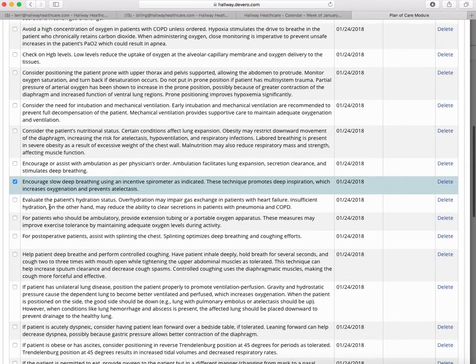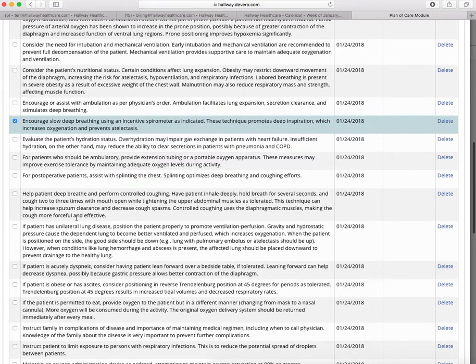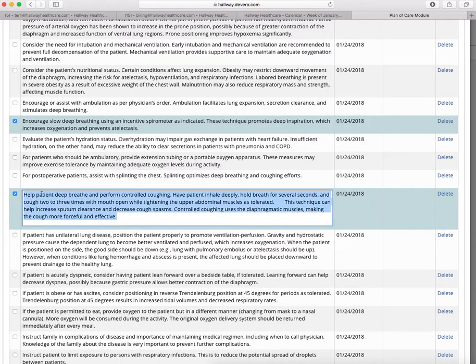And then I also educated on pursed lip breathing. So now I'm just going down here trying to find that. Okay, here we go. Here it is. And of course, if there's ever any of these words that you don't like, I don't care for the word help.